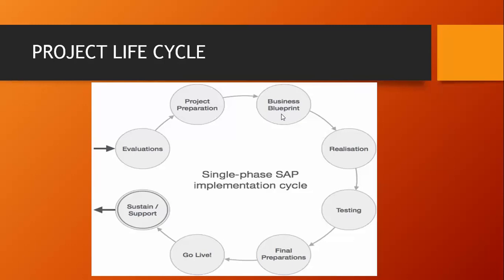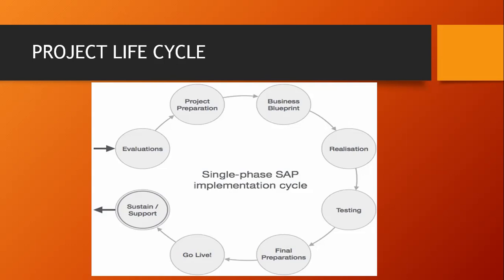Now, the business blueprint is the implementation plan to deploy that software. So at the preparation phase, they develop a blueprint. A blueprint is like a working document that states the different implementation stages or the different implementation areas, and it is with that blueprint they actually perform their implementation.